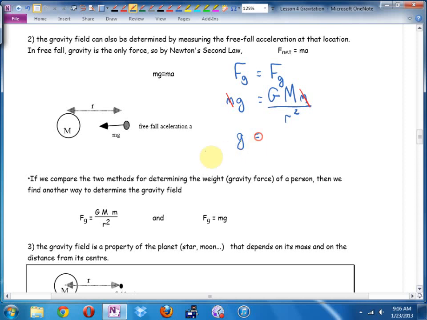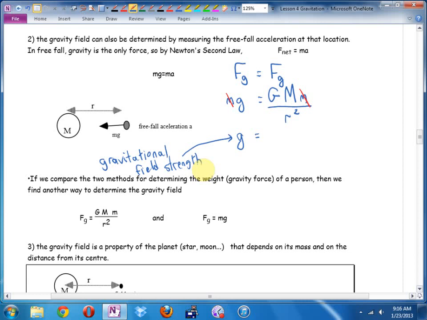This gives us, and this G is the gravitational field strength. Yes, it's also the acceleration due to gravity in free fall, but the reason that's the acceleration due to gravity in a vacuum and free fall is that's the gravitational field strength.